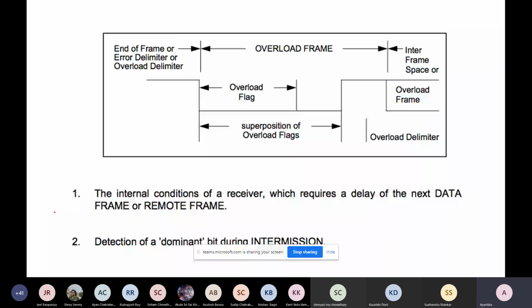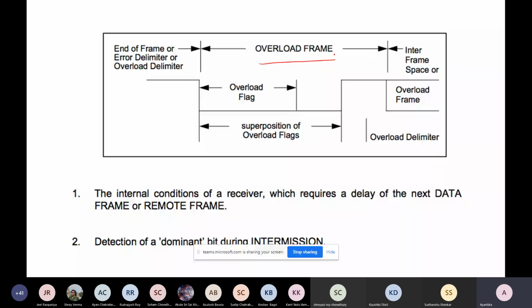Now node B has detected that overload, and it can communicate to the other nodes that it is overloaded, and that's why there should be some delay that should be maintained from the transmitter side, and after that delay some next frame should be sent.